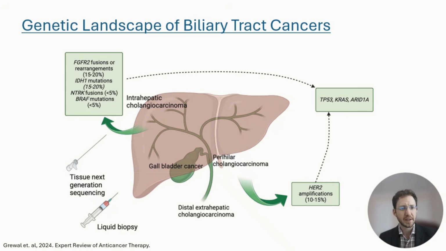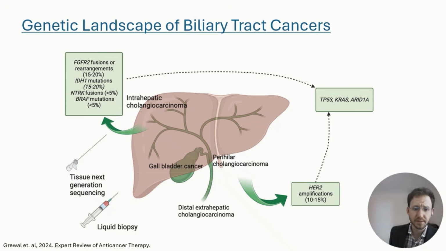So, with intrahepatic cholangio specifically, there's going to be a much higher prevalence of the FGFR2 fusions, IDH1 mutations. When we're getting more into the extrahepatic cholangio subtype, and particularly with gallbladder cancer, the predominant actionable molecular feature for those is going to be HER2 overexpression.